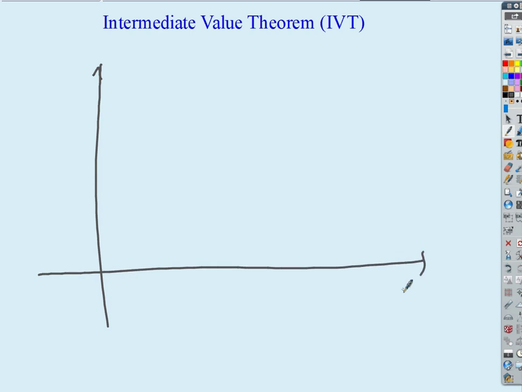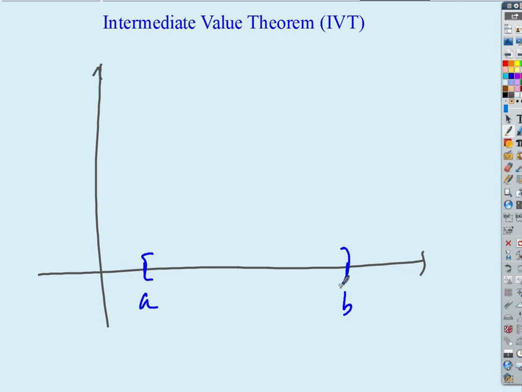If I have some function that is continuous on the closed interval from A to B, then what could you tell me about the existence of a place on the function?